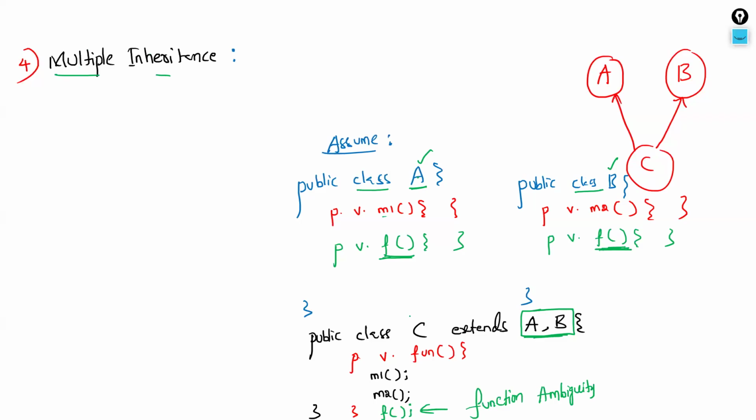Then when the programmer tries to access it from the child class, the JVM will be confused about which parent class method to execute. That confusion is technically called ambiguity. That's what is called function ambiguity. So because of function ambiguity, multiple inheritance is not supported at class level.